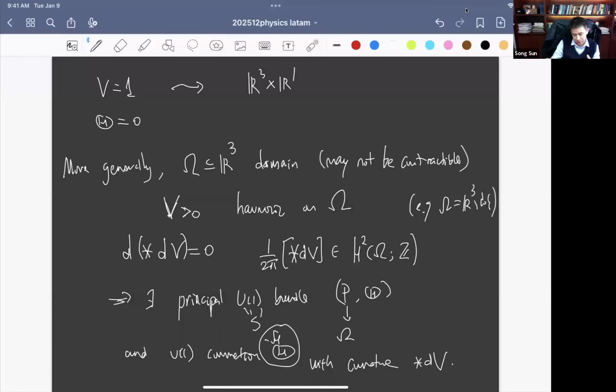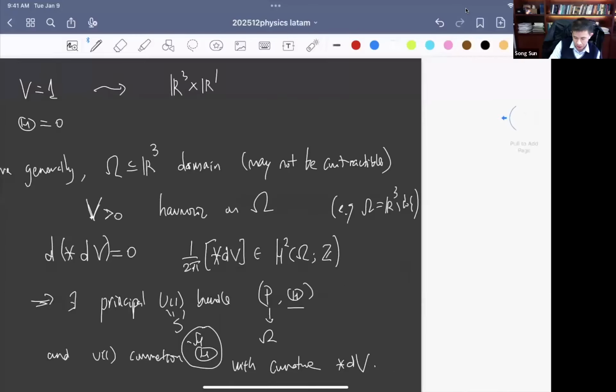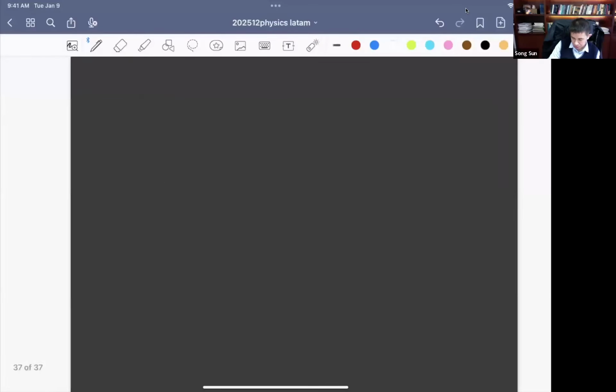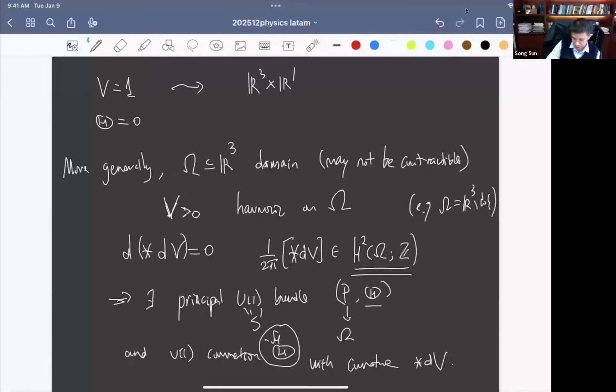So the point is you have this closed form. Locally you can write it as a one form, and locally you can live upstairs, and then globally you want to glue together a well-defined one form theta. This is a topological condition. You can do it by hand if you want. So this integrability condition is important.